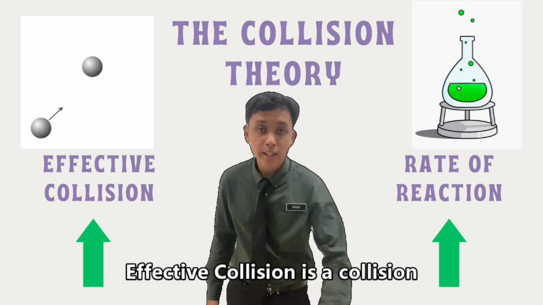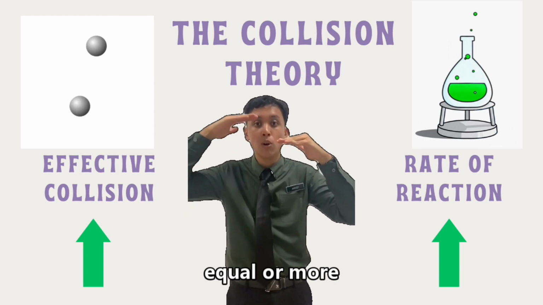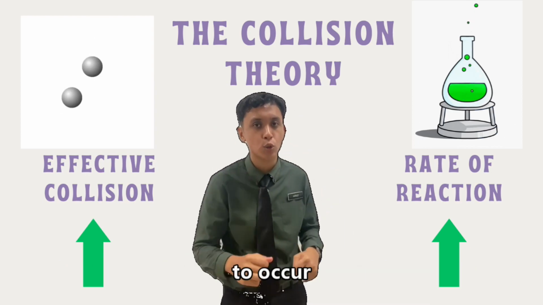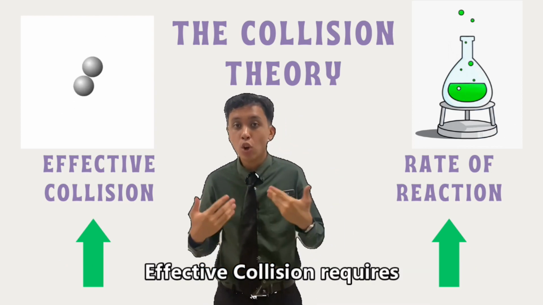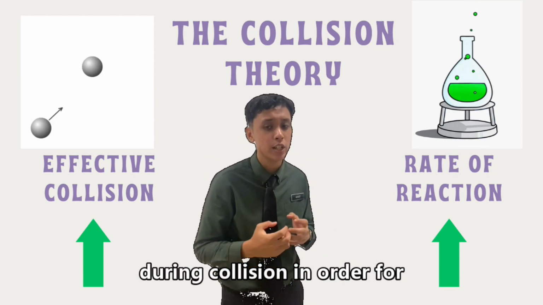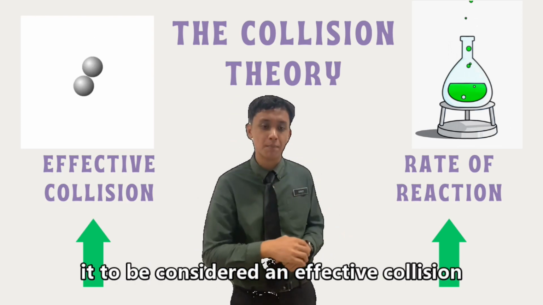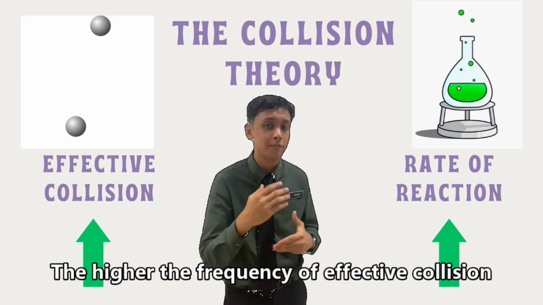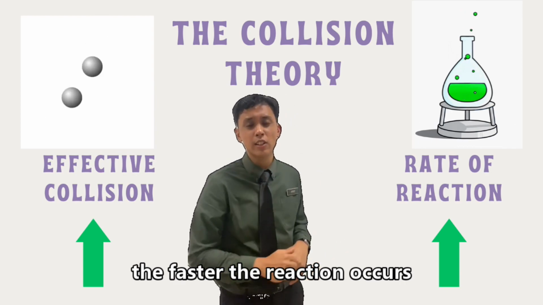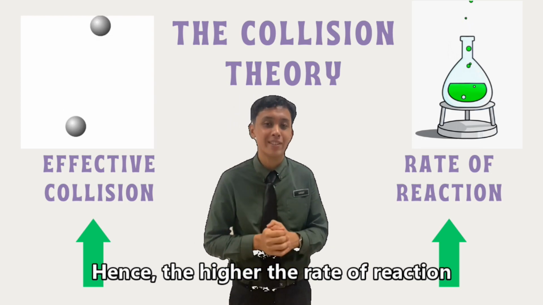Effective collision is a collision that produces energy equal or more than the activation energy needed for reaction to occur, and effective collision requires the correct orientation during collision. Hence, the higher the frequency of effective collision occurring, the faster the reaction occurs. Hence, the higher the rate of reaction.